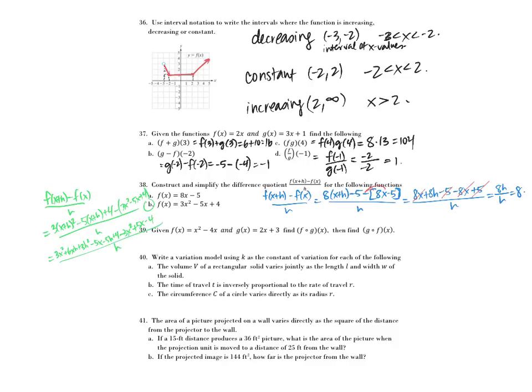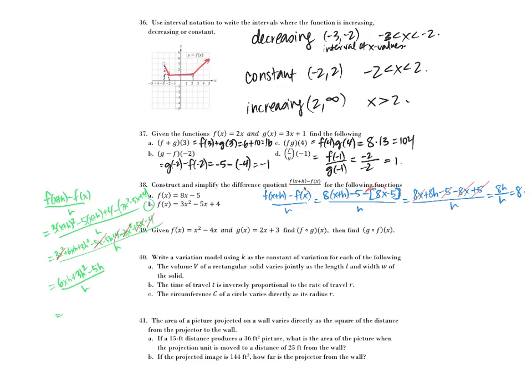And we should see some common factors. So the 3x squared minus 3x squared, negative 5x plus 5x, negative 4 plus 4. So all of those terms go away. I'm left with 6xh plus 3h squared minus 5h all over h.